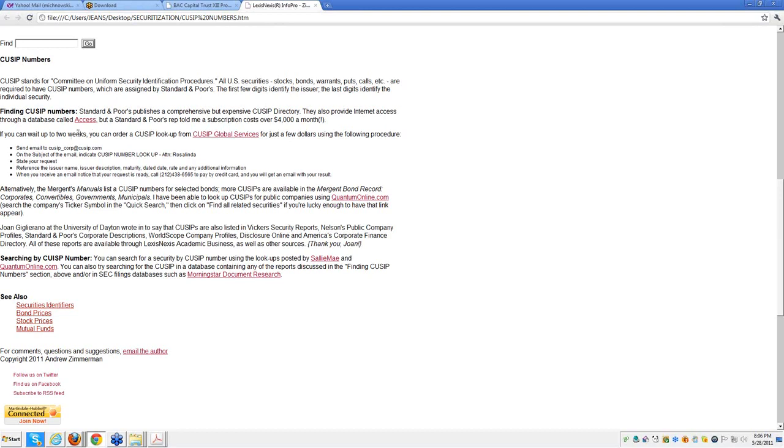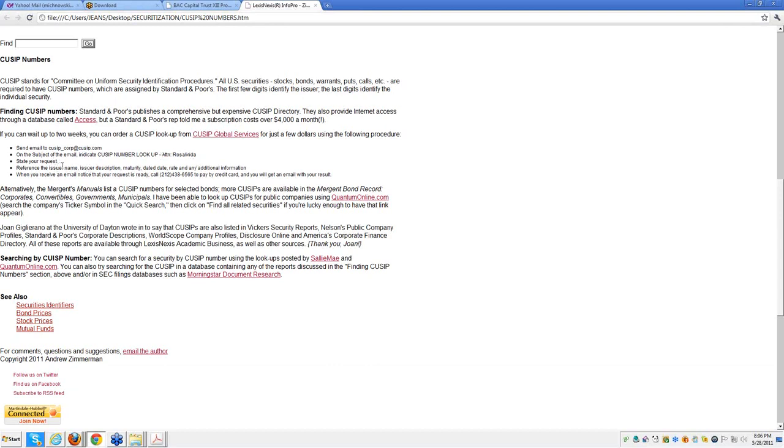If you want to wait for up to 2 weeks, you can order a CUSIP lookup from CUSIP Global Services for just a few dollars. It tells you how to do it. Send an email to CUSIP corp at CUSIP.com. On the subject of the email, indicate CUSIP number lookup, attention Rosalinda.